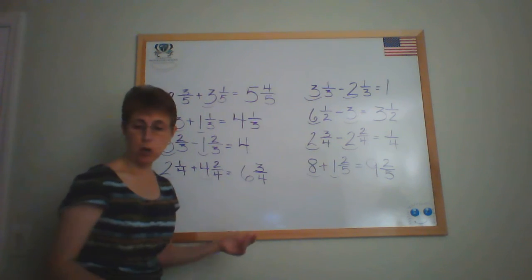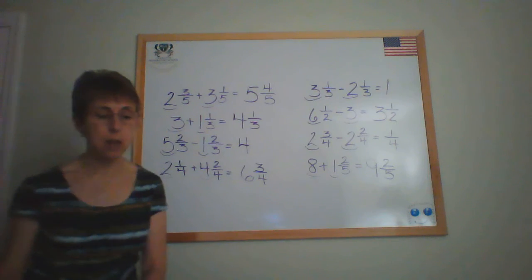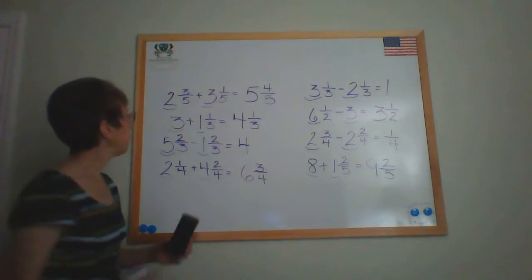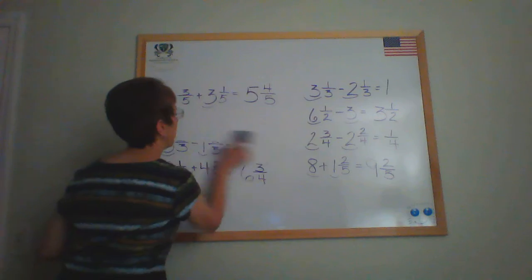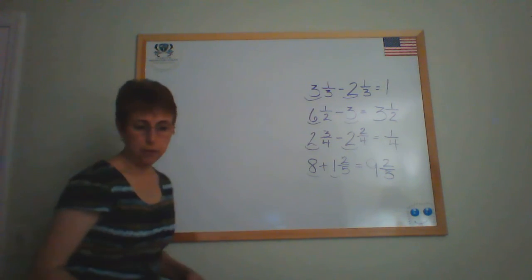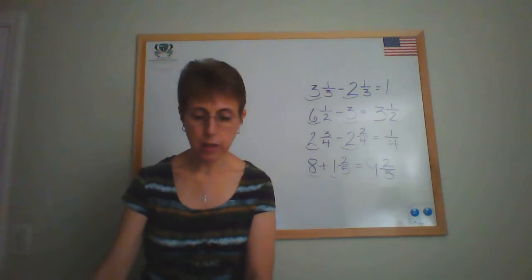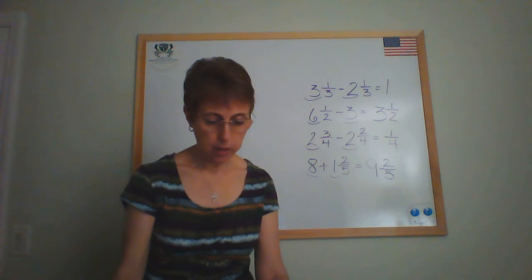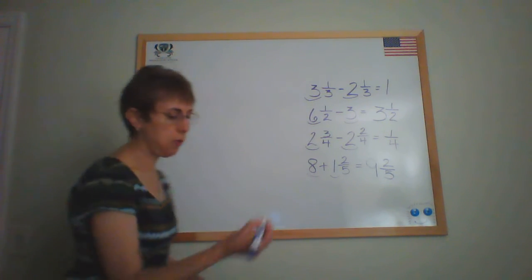But I just want to show you if we were to write them also vertically. Just to give you a few examples, we could write these problems vertically as well. So here we have, how about 9 3/4?